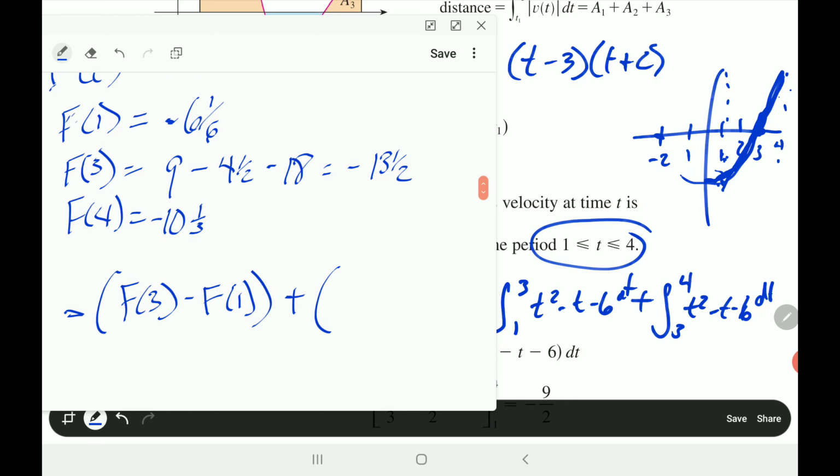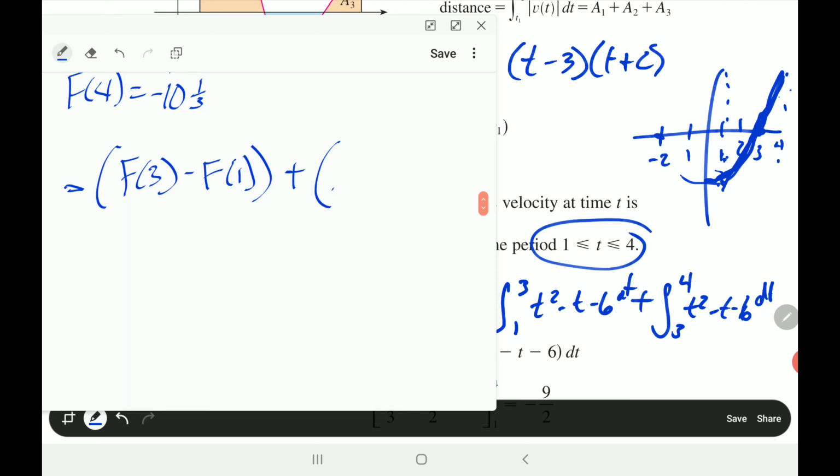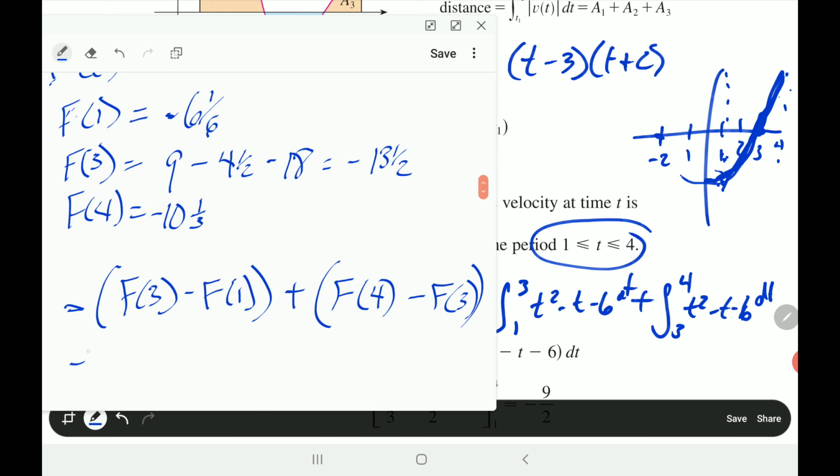The second integral was f of 3 to f of 4, so f of 4 minus f of 3. So plugging all the numbers in, negative 13 and 1/2 minus a negative 6 and 1/6 plus negative 10 and 1/3 minus a negative 13 and 1/2.